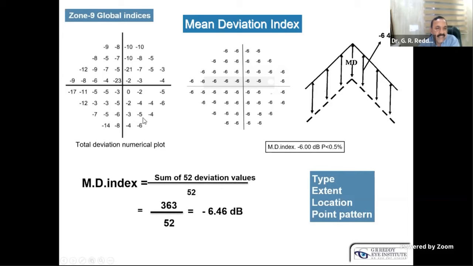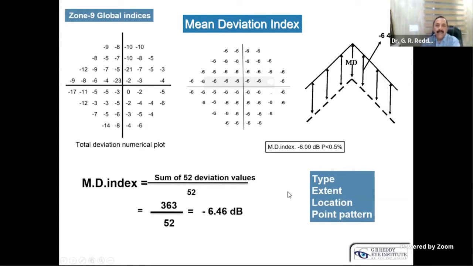You make the sum of all the deviation values and divide by 52, which gives the mean deviation value. So if I say the mean deviation index is -6, for example, that means each point is represented by -6. That is the mean deviation, the average of all.